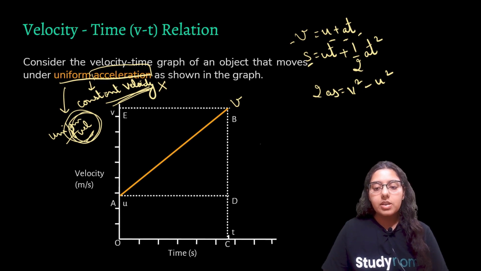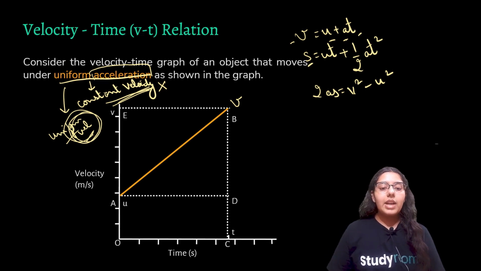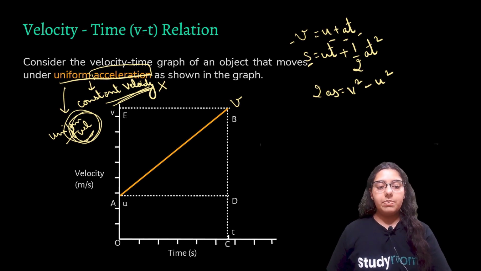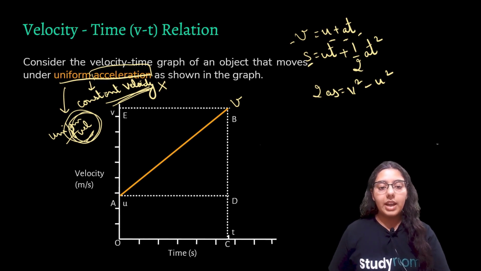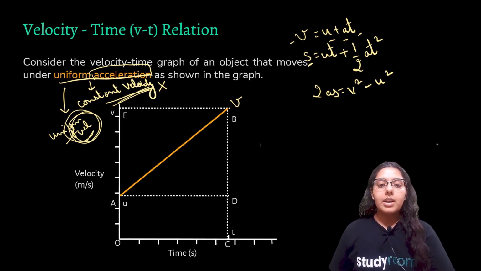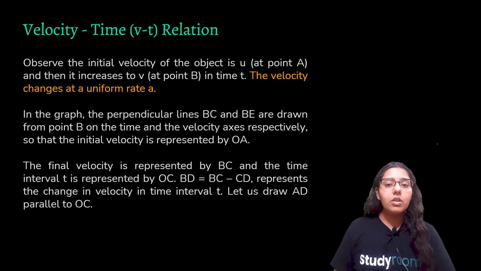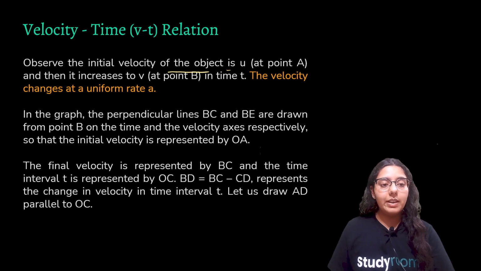The time taken from the origin, from the time you started till time t, is the total time t. Your initial velocity is u and final velocity is v. Moving ahead, we'll learn about the velocity-time relation.